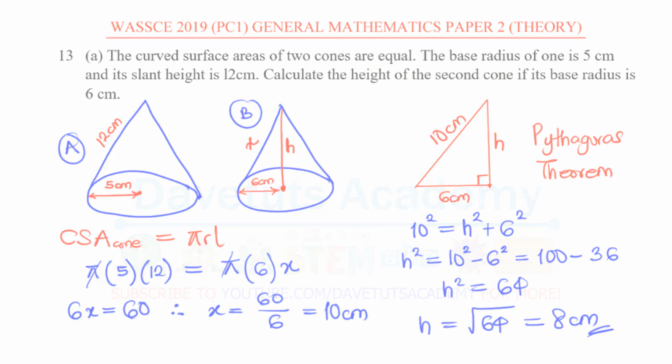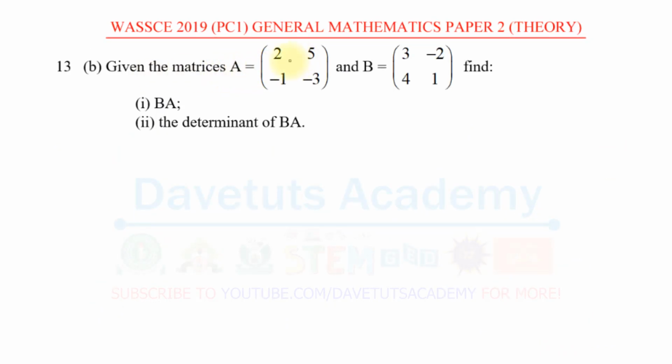All right. Given the matrices A to be 2, 5, minus 1 and minus 3, and B to be 3, minus 2, 4 and 1, we have to find the product BA and the determinant of BA. To solve this question, what we need to keep in mind in working with matrices is that we have to find BA, not AB, because BA is not the same as AB.